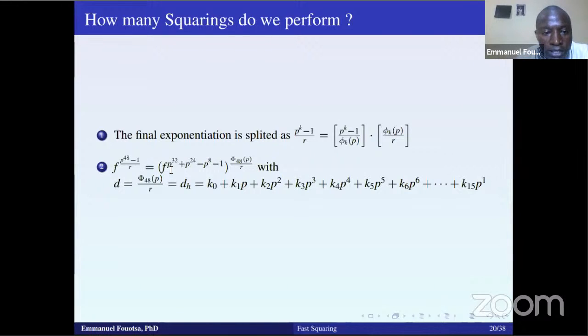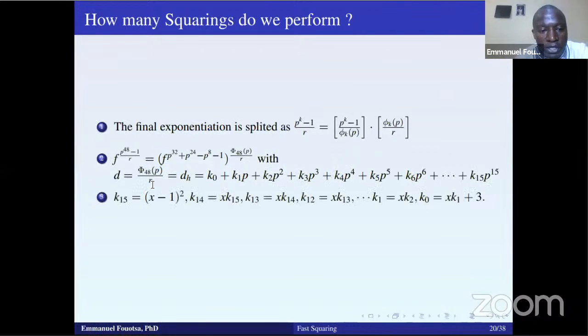If you calculate it in this case, you obtain this one. And then this result is going to be raised to this power. This expression can be easily computed because these are Frobenius maps, so easy to compute. And then raising it to this other power will be more complicated.